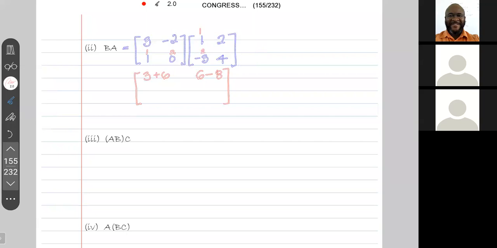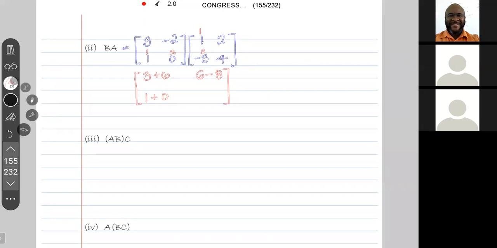First element in the row times the first element in the column. Second element in the row times the second element in the column. First times first, second times second. It's 1 times 1, which is 1. And then 0 times minus 3, which is still 0.